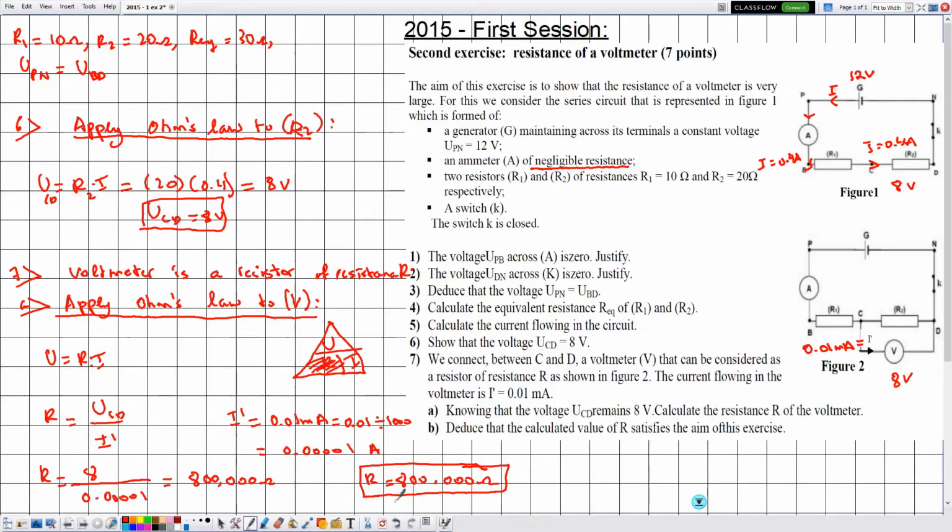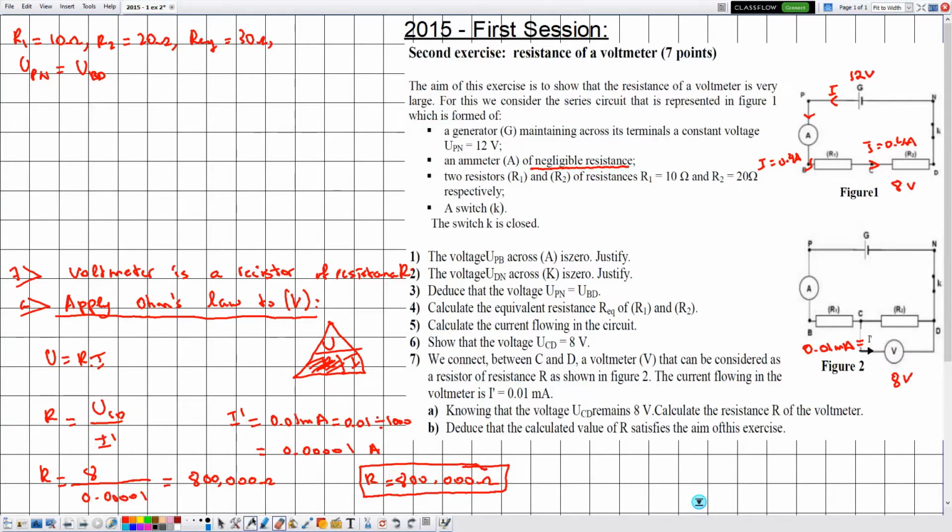We are used to the values of R to be between like 10 ohms, 20 ohms, at most 1000 ohms, but not 800,000 ohms. Now, if we refer back to the aim of this exercise, they are telling us that the aim of this exercise is to show that the resistance of a voltmeter is very large. Then in this case the aim of this exercise has been satisfied.